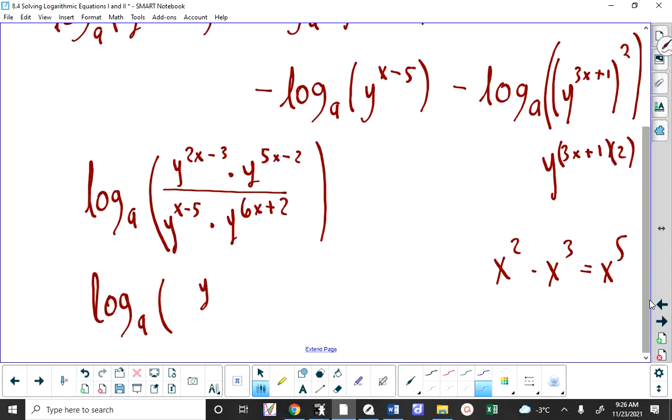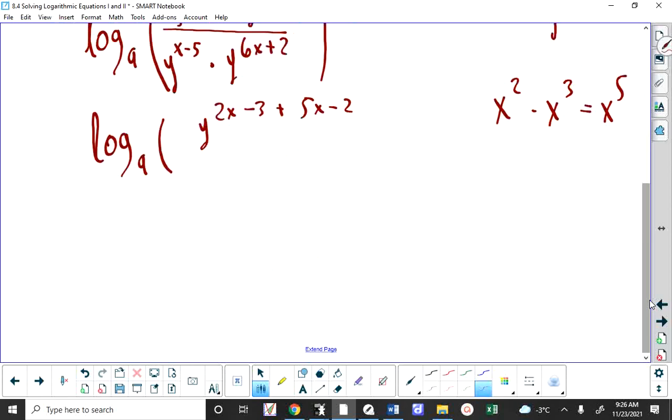You've got 5 x's in a row being multiplied, so that's x to the 5. That's where that rule comes from. So we have to add these: 2x minus 3 plus 5x minus 2. On the bottom, we're going to have y to the x minus 5 plus 6x plus 2.